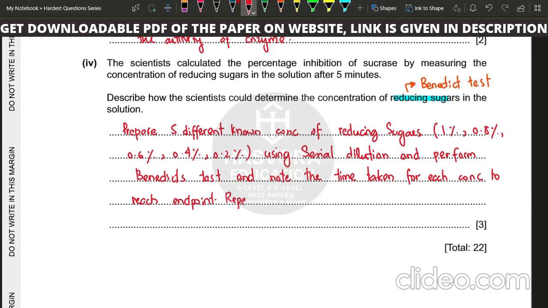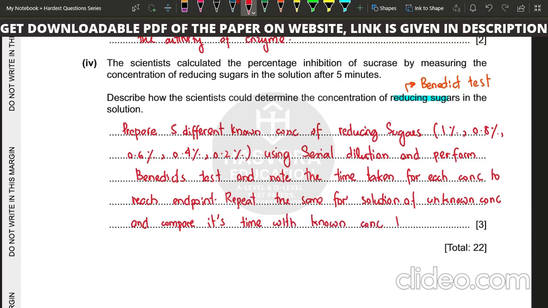Repeat the same for solution of unknown concentration and compare its time with known concentration to deduce its concentration.